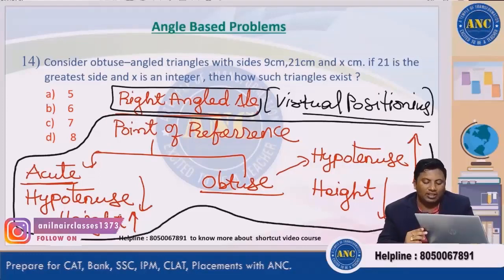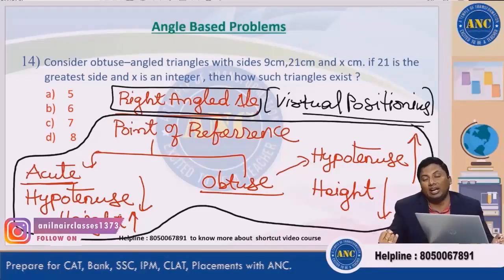These questions, whether it is an acute angled triangle or an obtuse angled triangle, generally come in the CAT examination. If I am not wrong, way back in CAT 2012, or 2009 to 2012, there was one question based on an obtuse angle triangle.